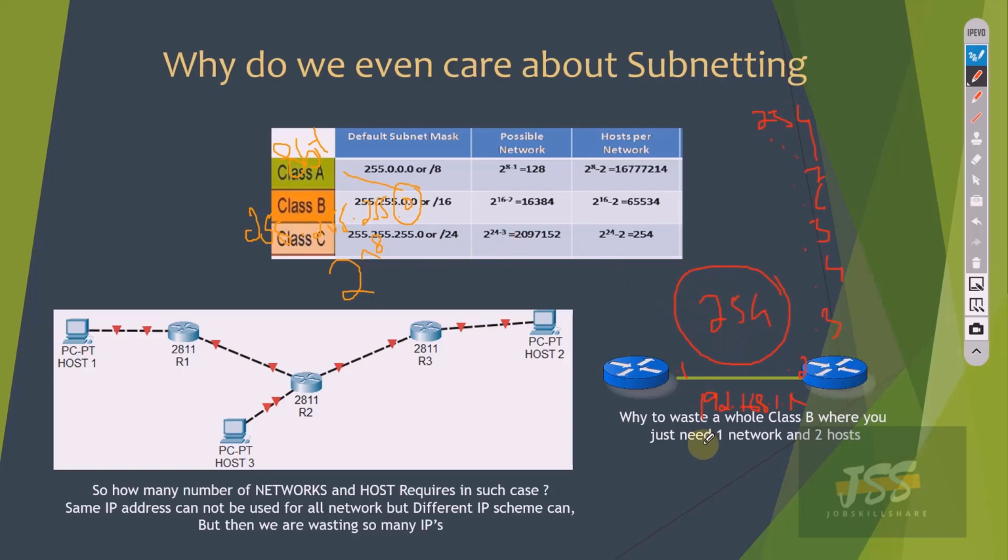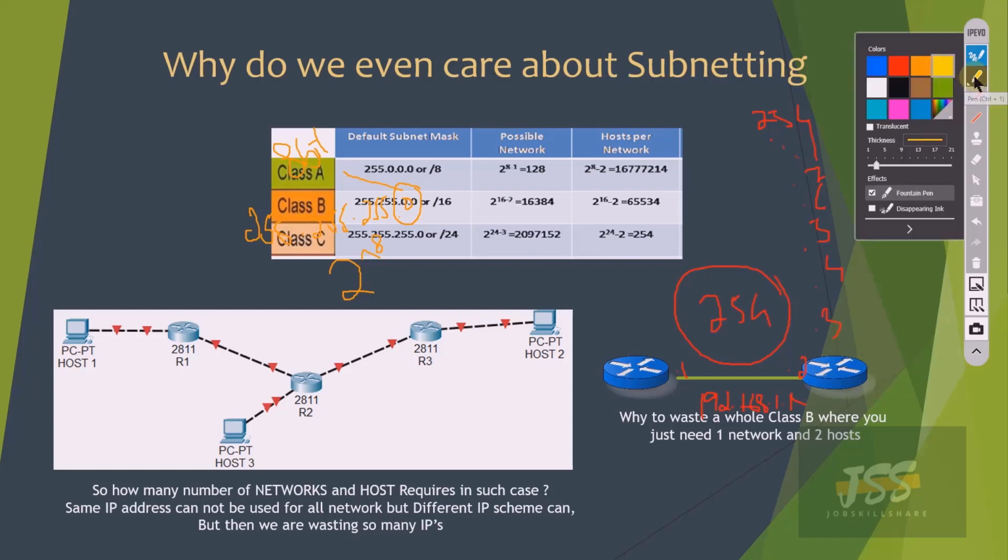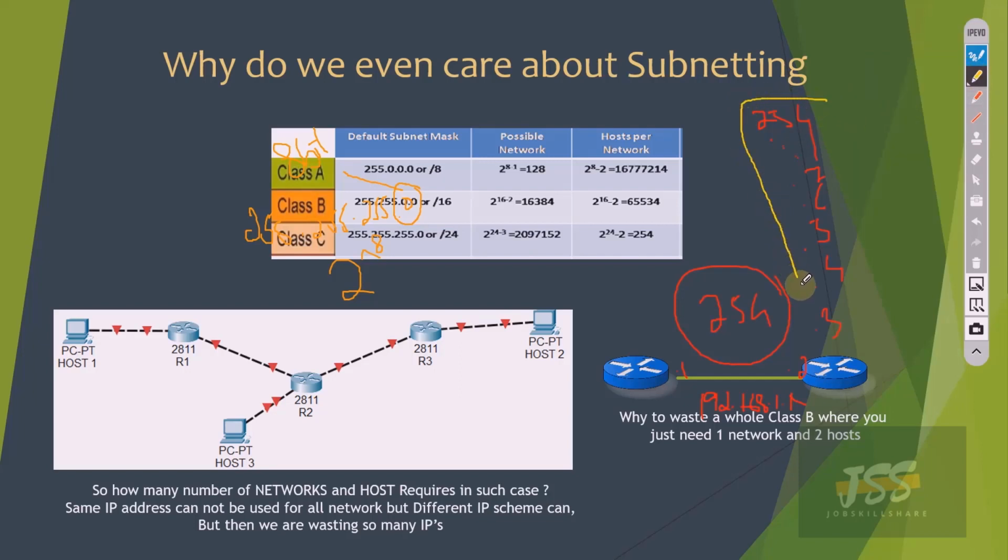But don't you think that we are wasting these IDs? Because we have consumed only 2. If we have another router here that is on a totally different network, we cannot assign the same IP scheme here as well.